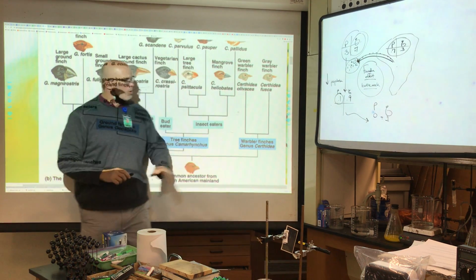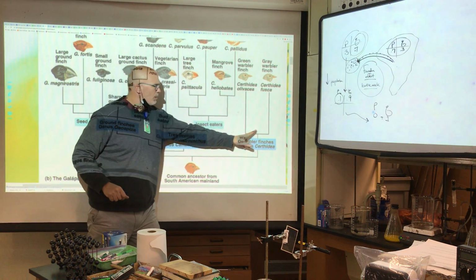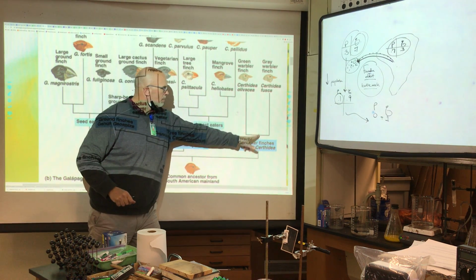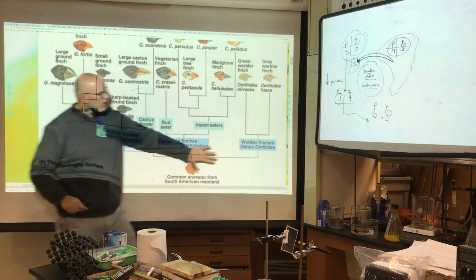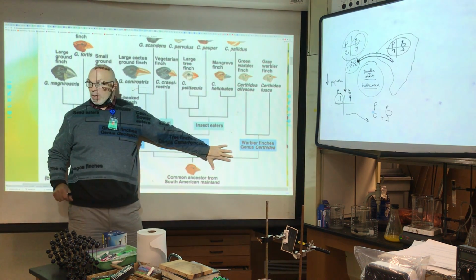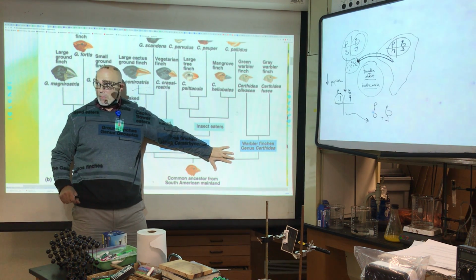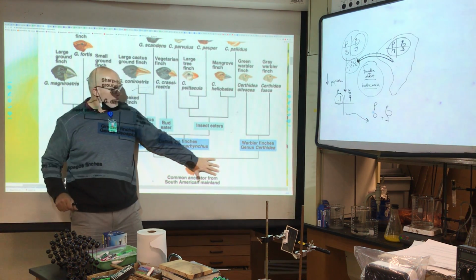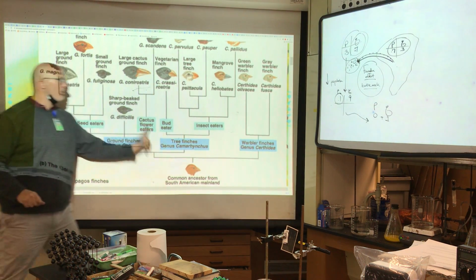So there's a group of finches that do look very similar, but look at this. Look at the common ancestor. These guys are far different from these guys. So this little clade right here, we believe is due to the constant supply of gene flow from the mainland that keeps bringing birds. And it's not going to be easy and quick for these guys to become that.